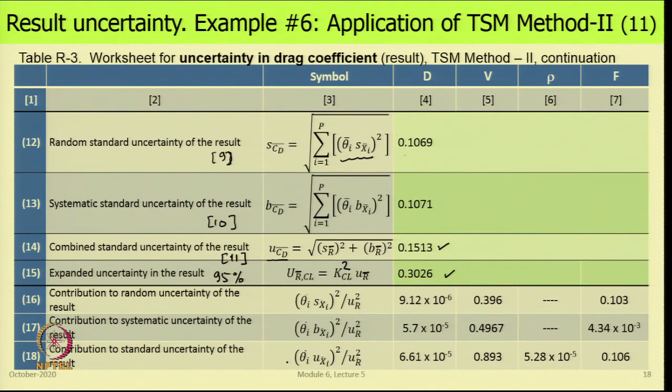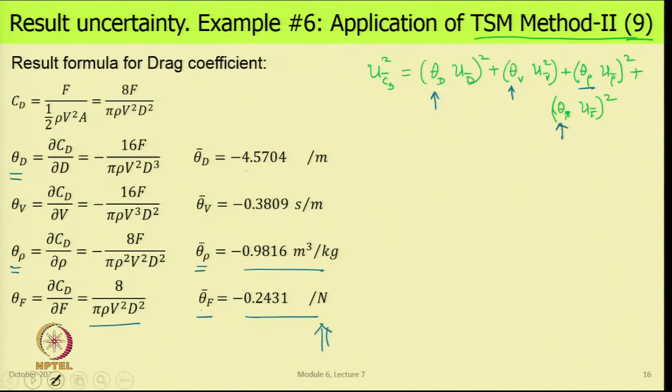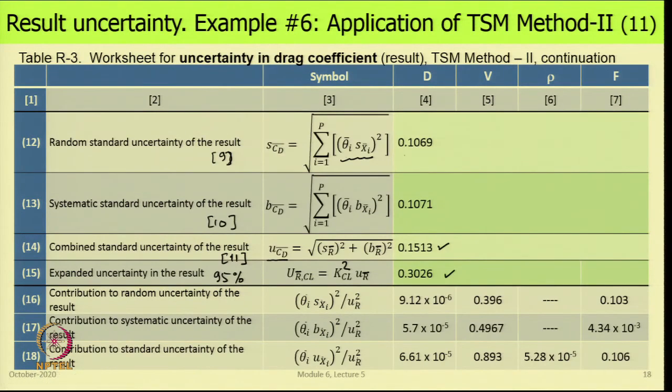Then we look at the individual contributions. So what we will do is we take the rows 8, 9, 10 and 11 and normalize them on the value of u r bar squared, the result.